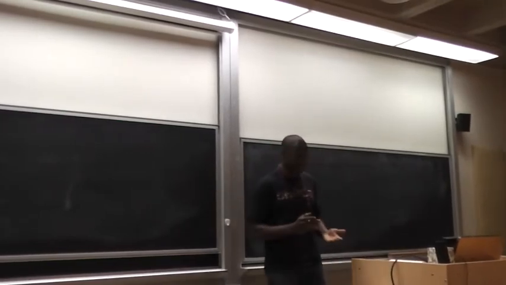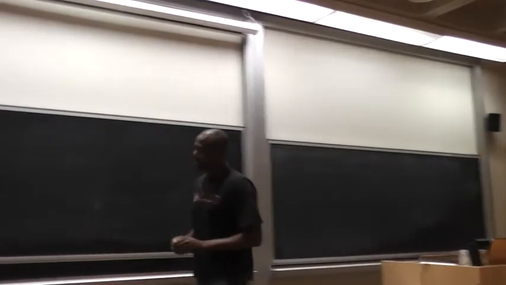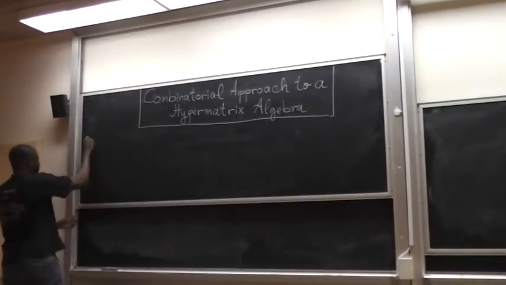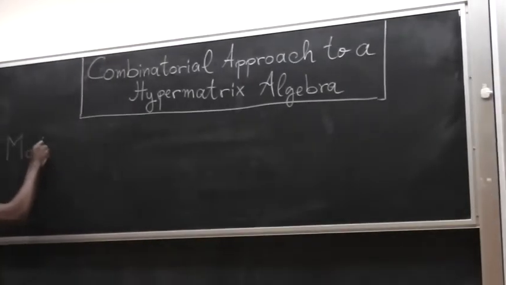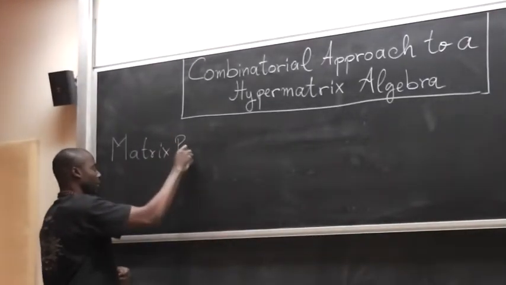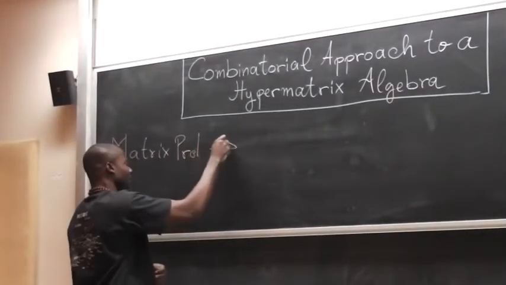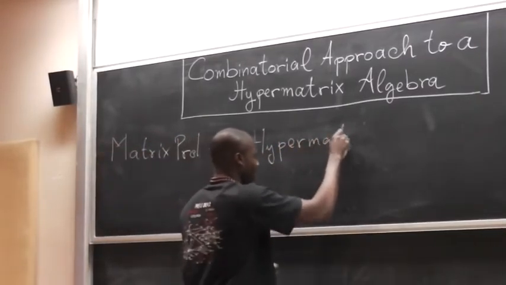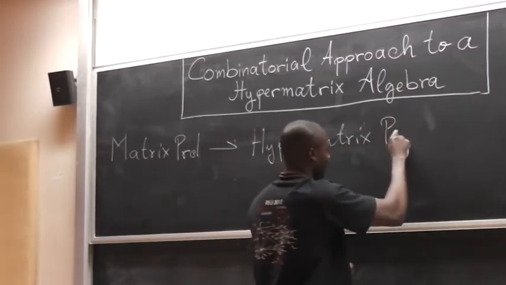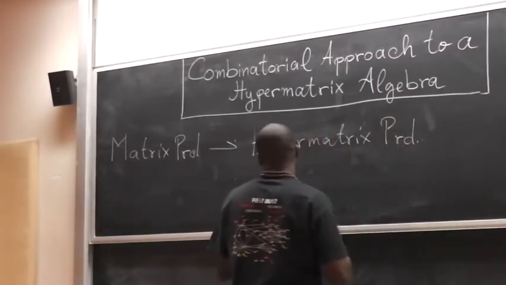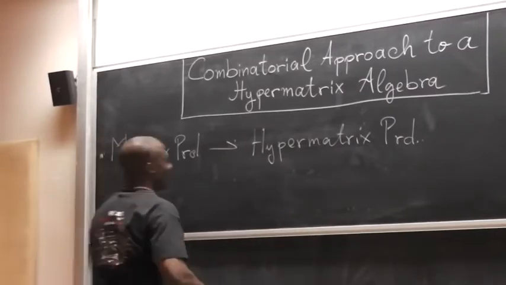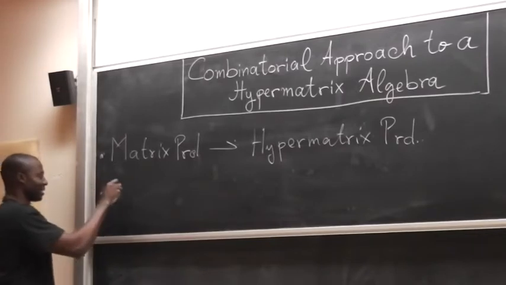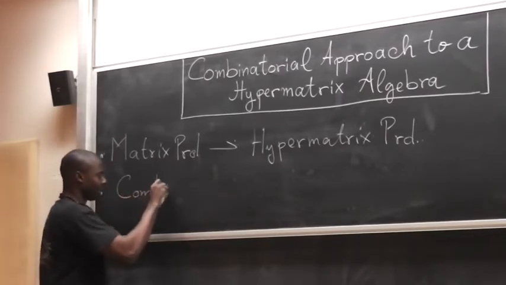So here's the plan. We're going to quickly go from matrix product to hypermatrix product. And then the second thing we want to discuss is going to be the combinatorial lens at linear algebra.